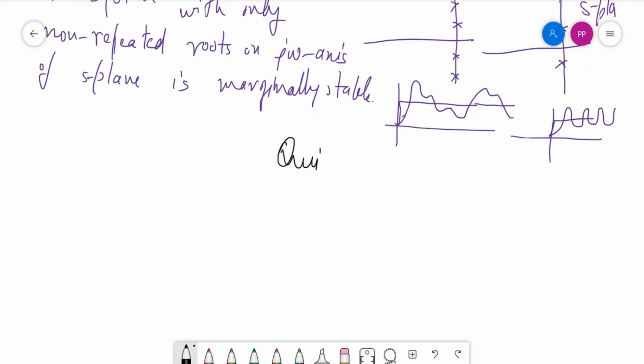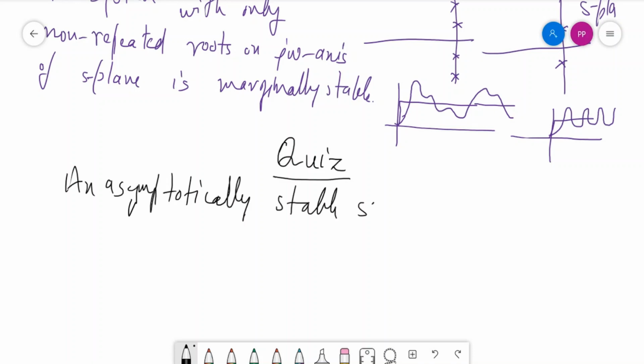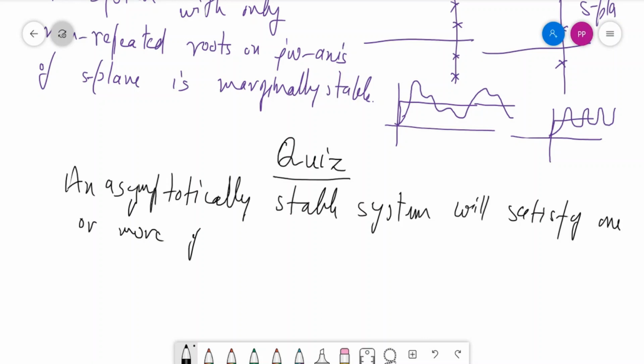Quiz: an asymptotically stable system will satisfy one or more of the following clauses.